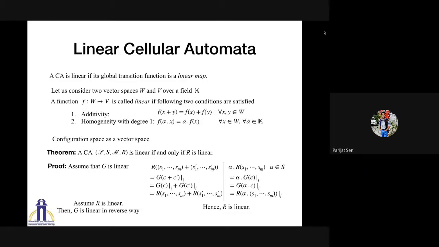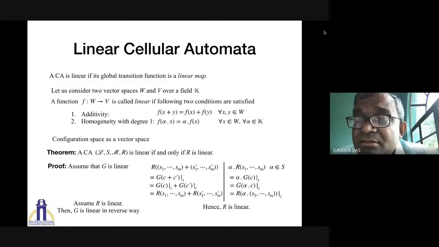Alpha into R of S1 to Sm and the last statement, R of alpha into S1 to Sm. Are they both similar? Yes. Similar means I'm deriving it from that one.